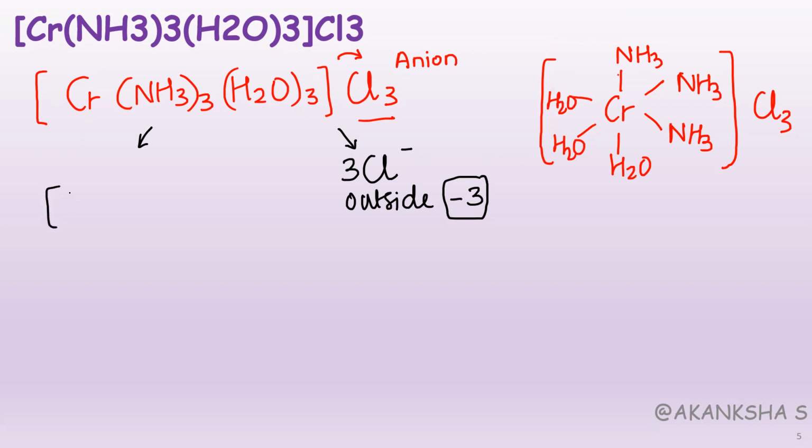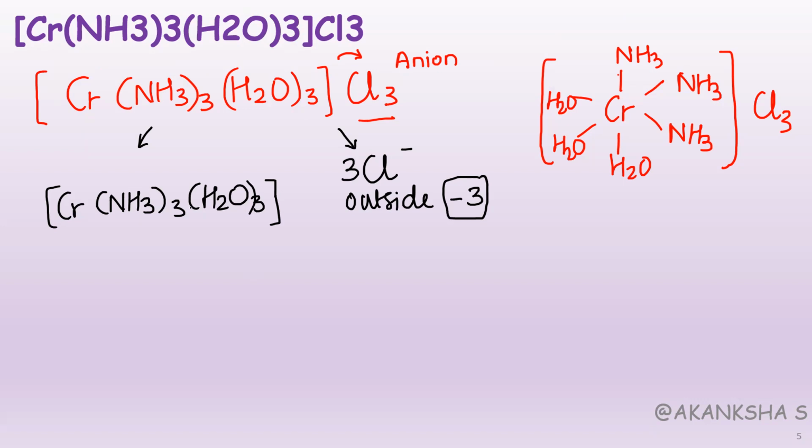Let's see the bracket. We are left with chromium, NH3 thrice, H2O thrice. Correct? Now, always remember, compounds are formulated in such a way that they always nullify the charge and bring them to 0.